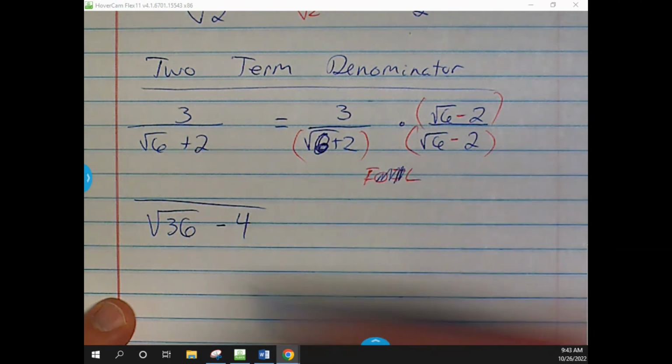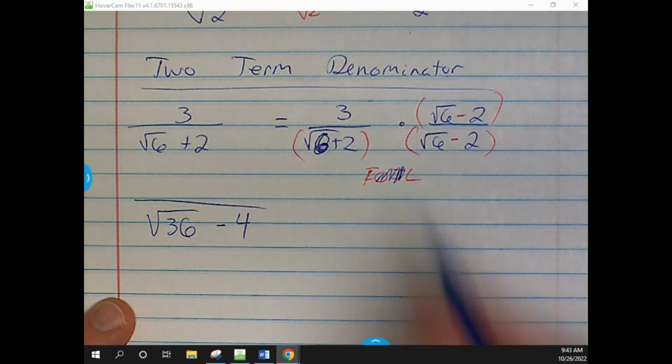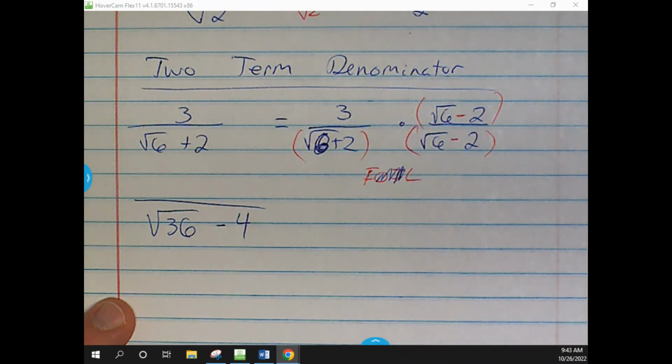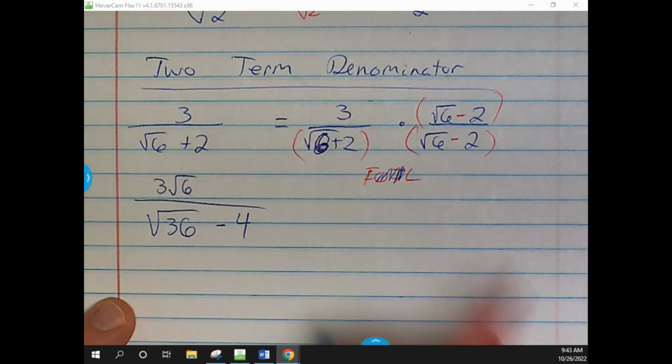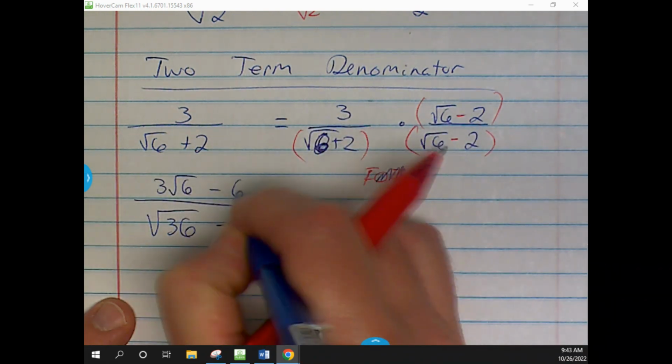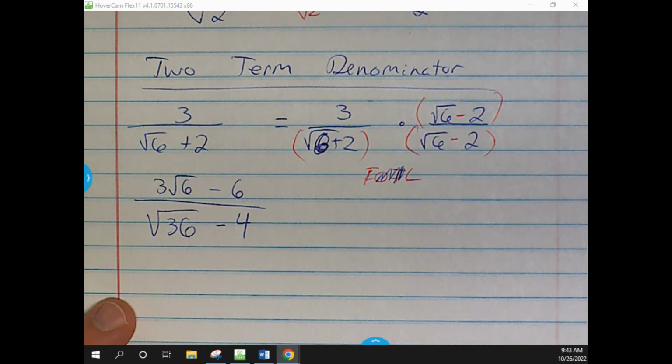Now, for the top part, I guess we can go ahead and do the distributive property. It's kind of iffy how you want to go through that one. We'll go ahead and multiply it out. It's 3 square root of 6 minus 6. We might have to go back and reverse it in a little bit, but we'll be okay.